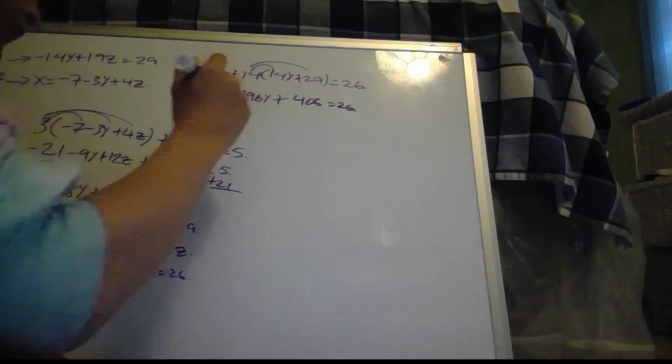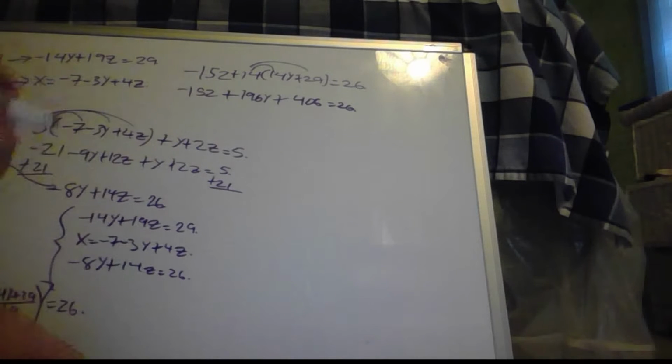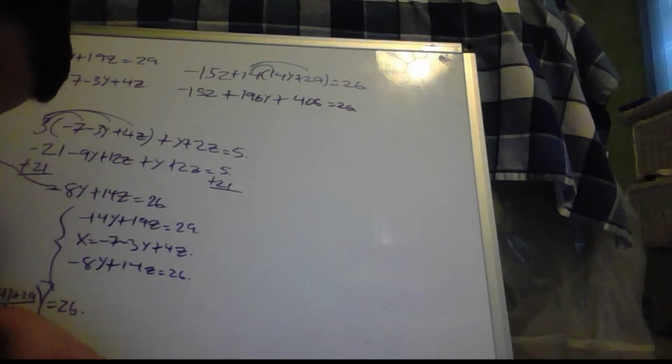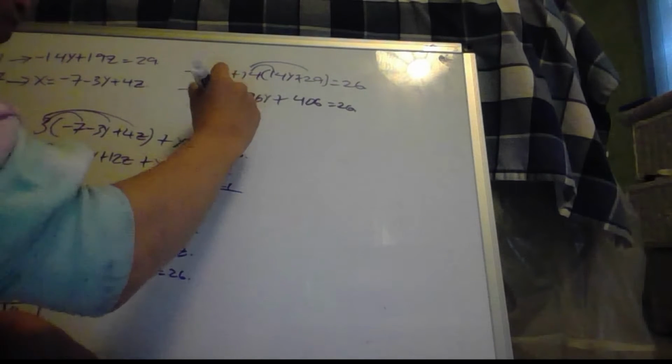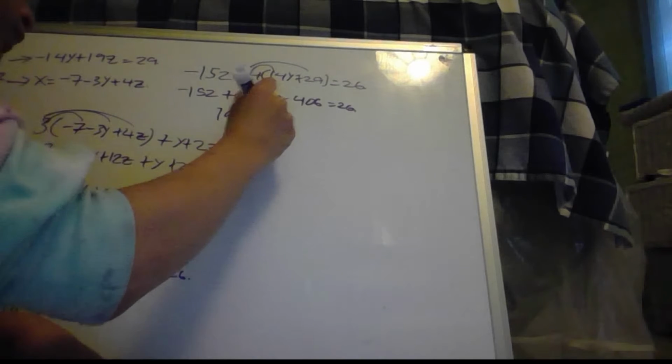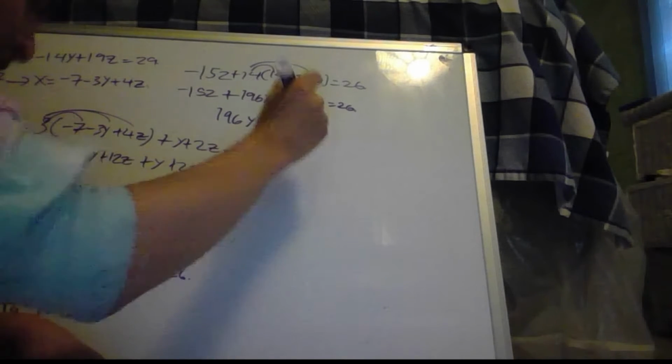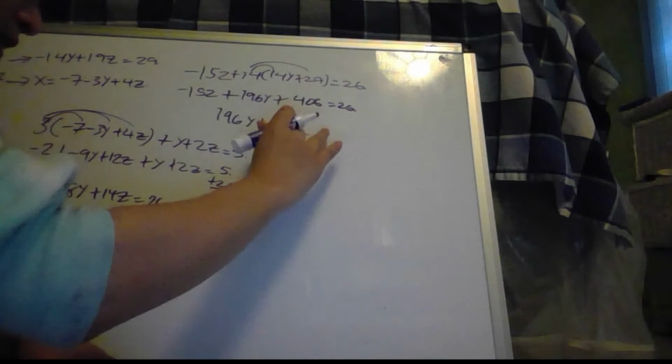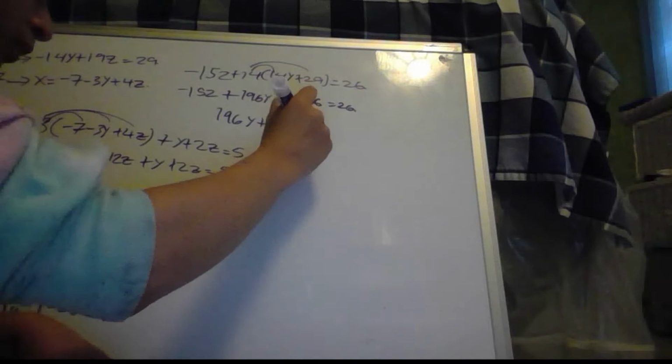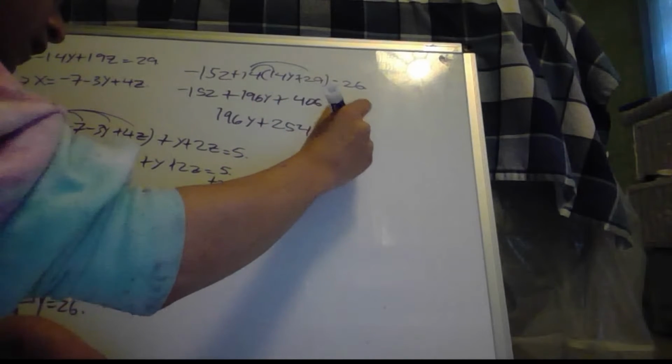So now we have negative 152 plus 406. 406 minus 152 is 254. So 196y plus 254, excuse me, equals 26.